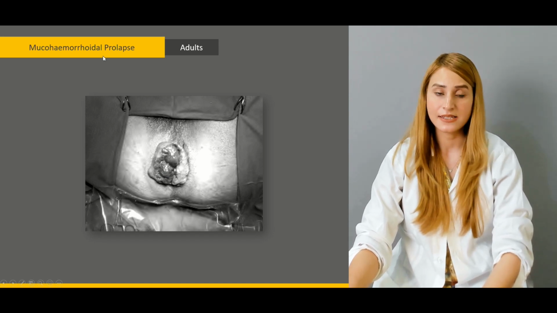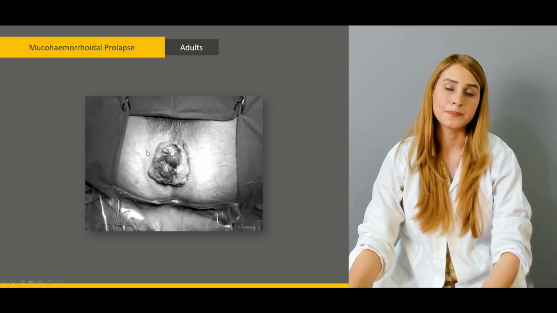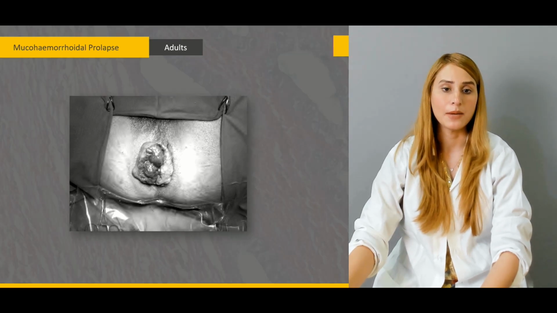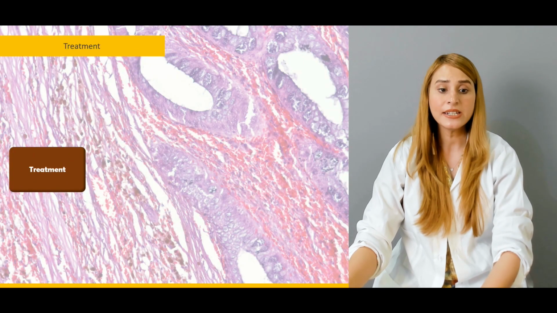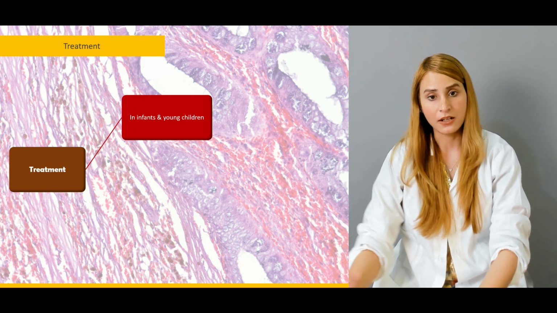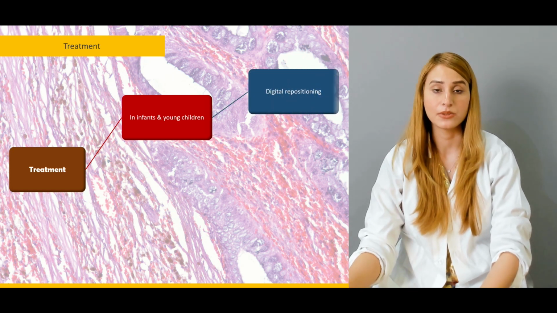So in adults, it can be a solitary mucosal prolapse involving only the rectum, or a mucohemorrhoidal prolapse. So in case of this prolapse of the rectum, what treatment options do we have available?